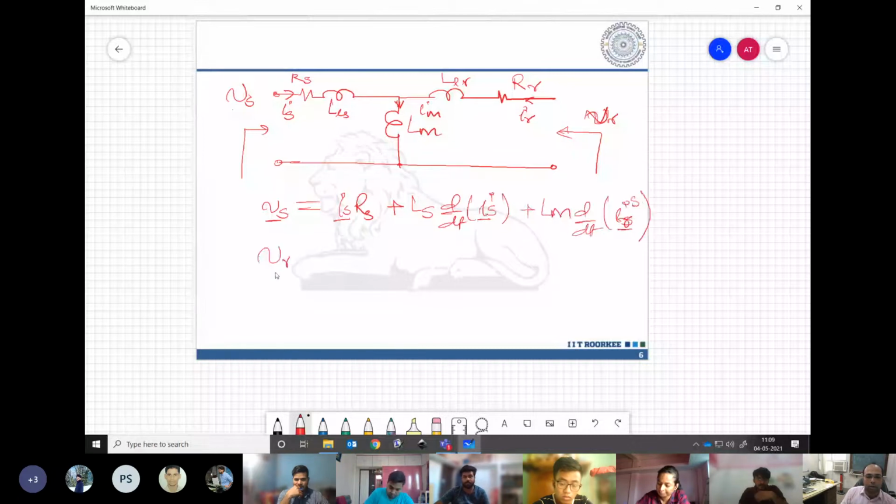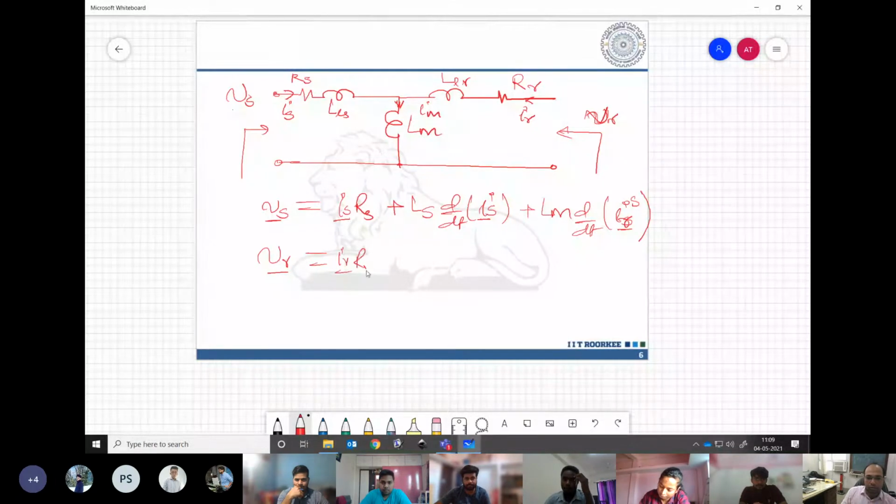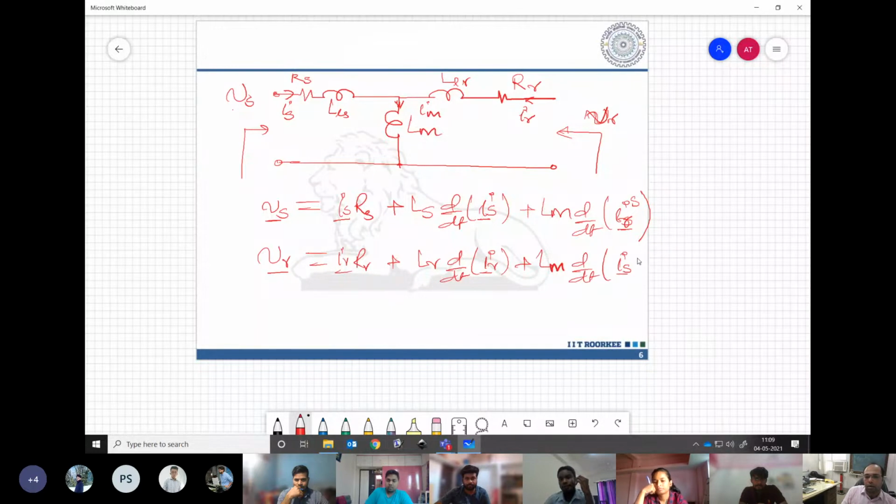Correct. And what about the rotor equation? Someone else should tell now. i_r Rr, plus Lr di_r by dt, plus Lm di_s with respect to r.